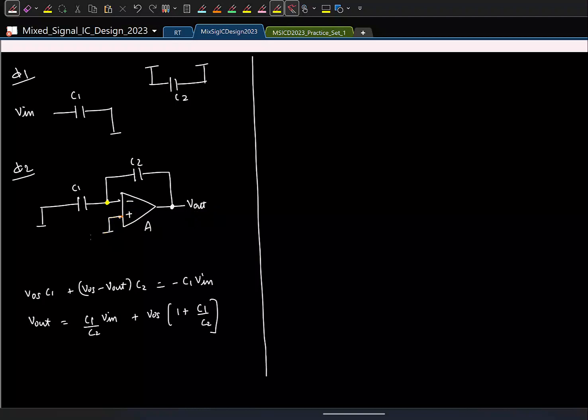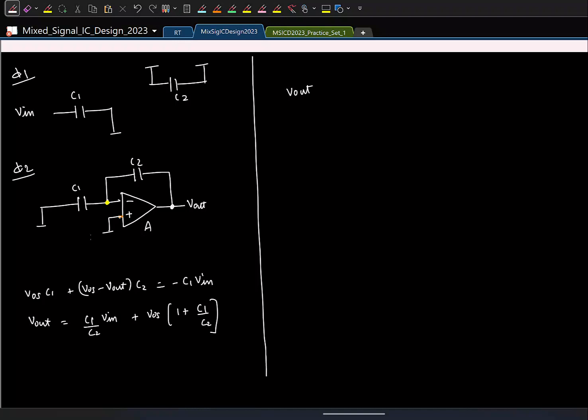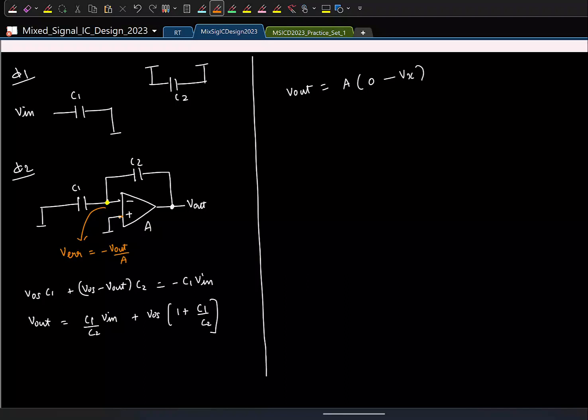For the op amp with the gain A, what is the relation between V out and the inputs? A times positive terminal minus... Positive terminal is ground. You will get minus V out by A. This is Vx. So what is Vx? Minus V out by A. Let's say I call it the error voltage. It's minus V out by A. Fine.